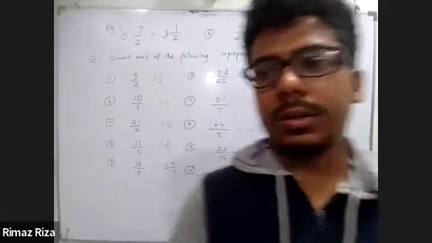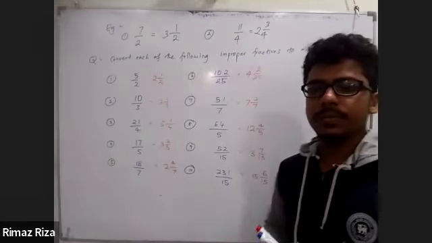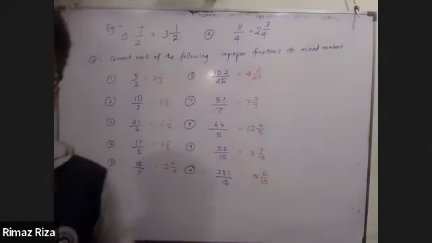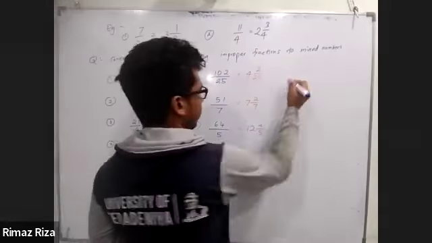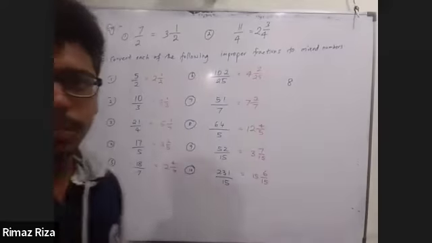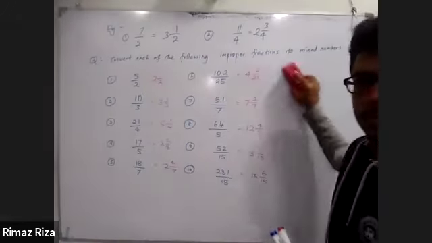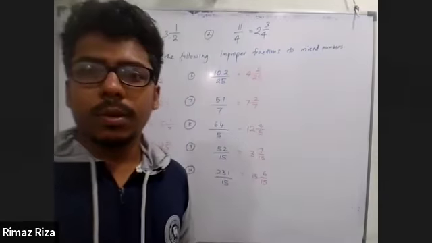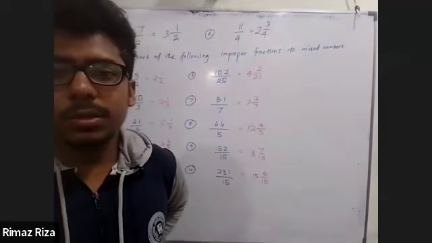Let me know in the chat box out of 10 how many are correct. If you got 8 correct, you can put 8. Just put the number. Please put your number of correct answers in the chat box.